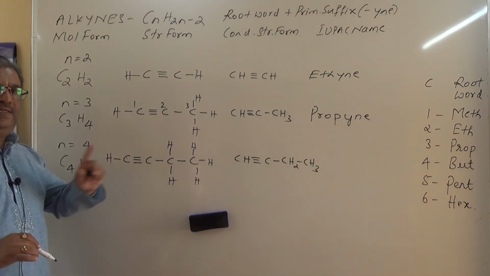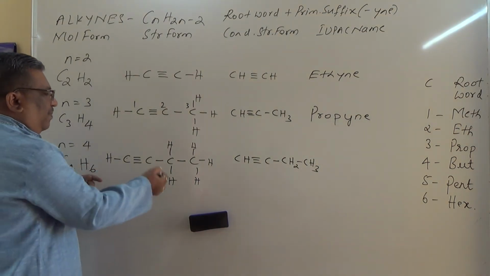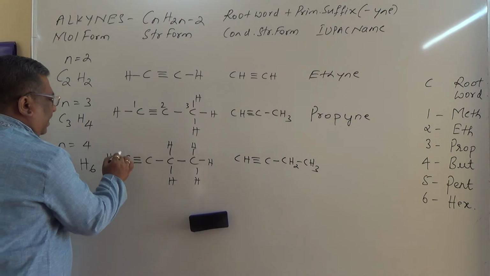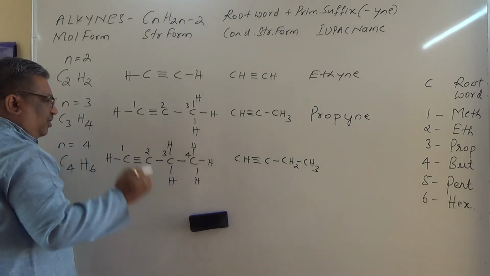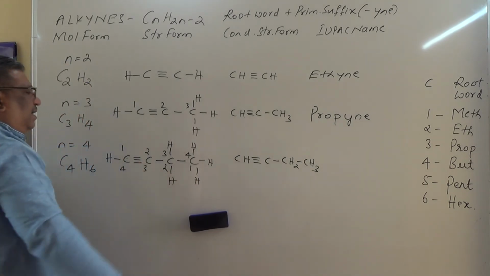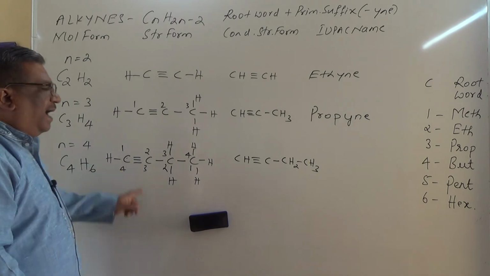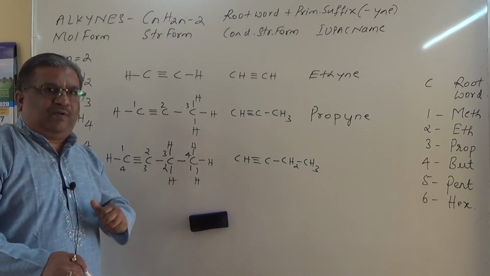Now the numbering is important because there are multiple options here. Can I number this way, 1, 2, 3, 4, which is the longest chain, or is this okay, 1, 2, 3, 4? Which one is correct? That numbering is correct where the locant gets the least count.